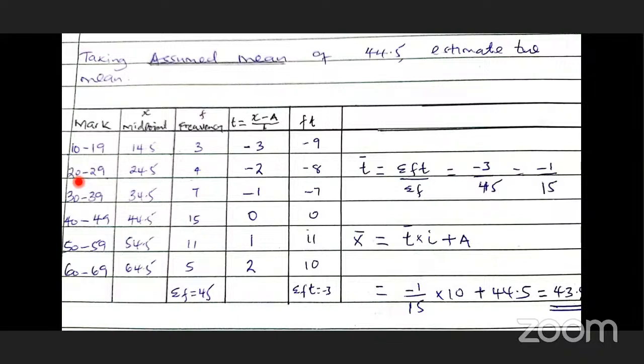Okay, so we proceed. We were saying that our mean of t, which will be given by sigma ft over sigma f, is -1 over 15. And we all know now how we are getting t. Our intention is to work with numbers that we can calculate offhand.